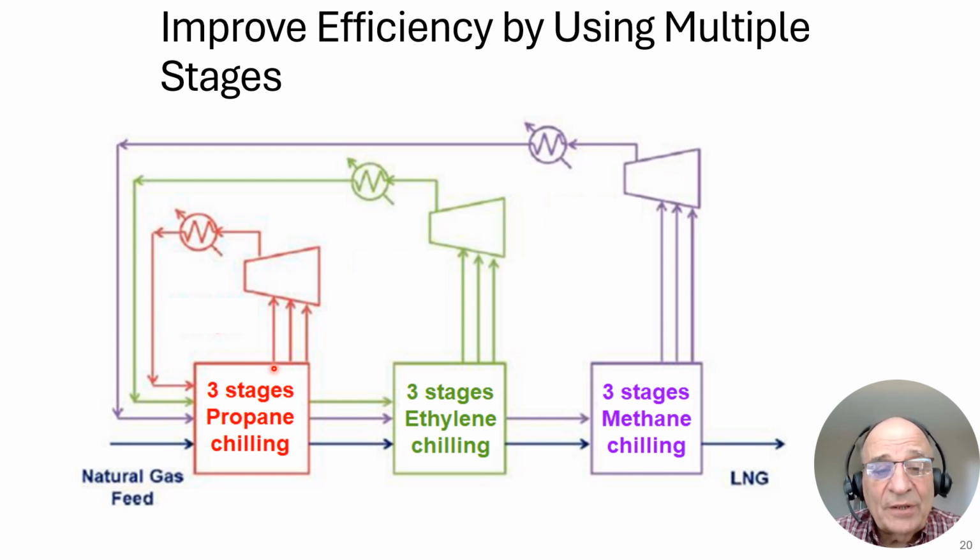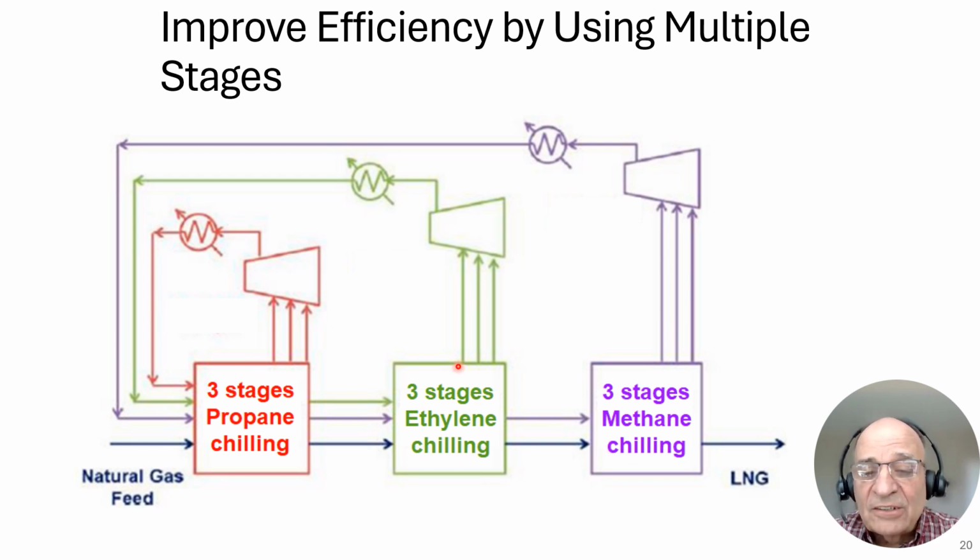We have a high pressure stage, a mid pressure stage, and a low pressure stage. In this chiller, the same thing, and the same in the final chiller. This system is operating on methane as the refrigerant.